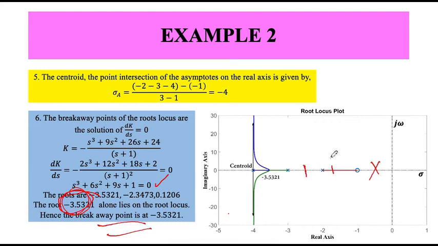Then 1 pole and 1 zero are there, so this is not part of the root locus. This is part of the root locus because I am having a total number of 3. At this point I am having 4, so this is not part of the root locus. Now the centroid point is -4, so my centroid is here. The angle of the centroid asymptote is 90 and the other is 270 degrees. Okay, so these are 6 steps of construction.